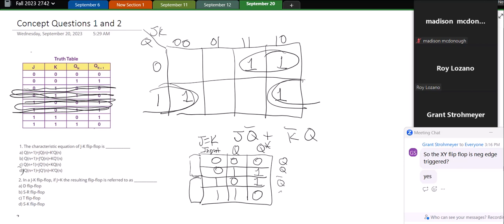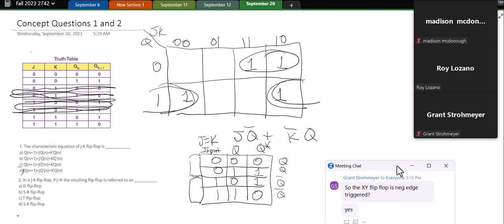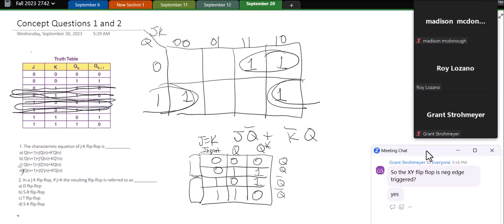That would be Q bar. So what kind of flip-flop is that? So when the input is 0, we have no change. When the input is 1, it toggles.